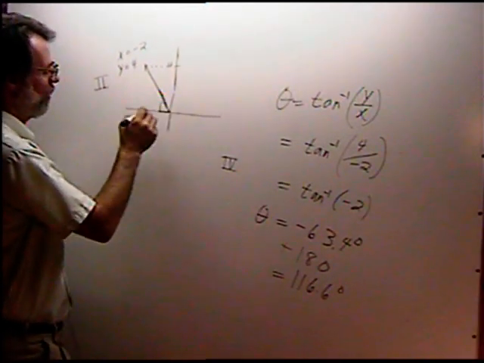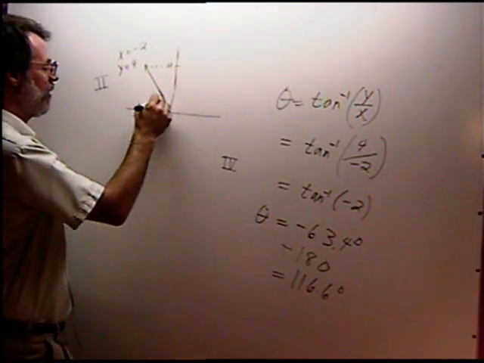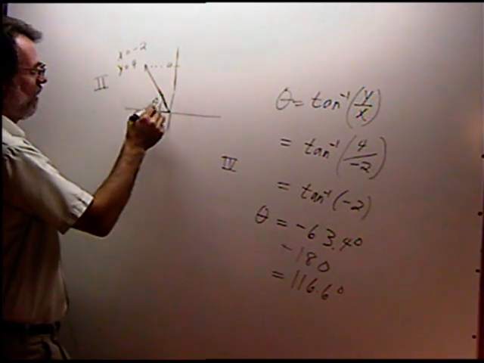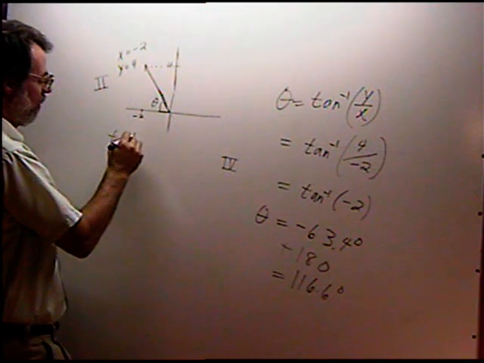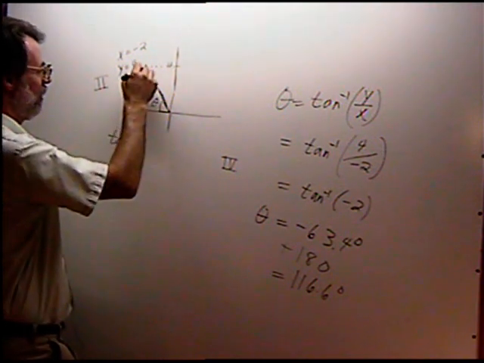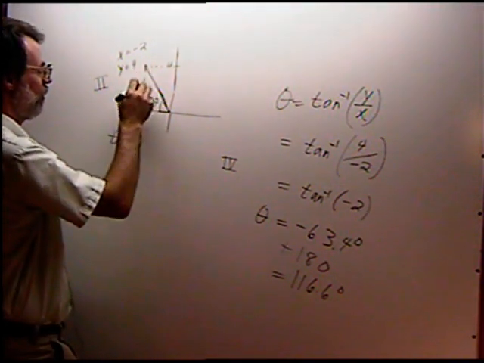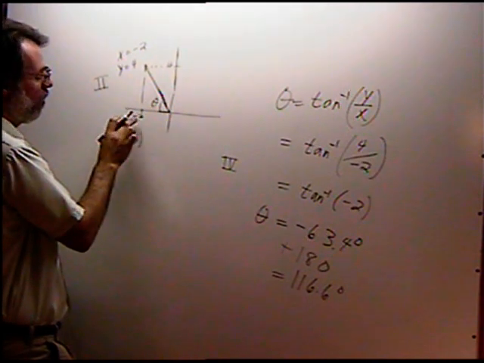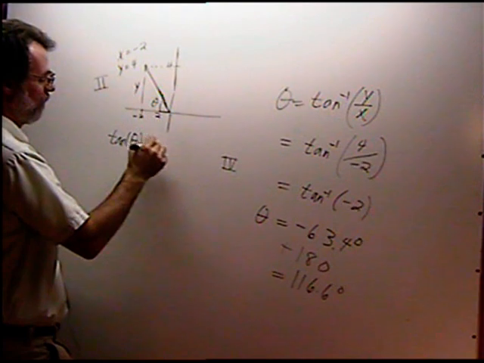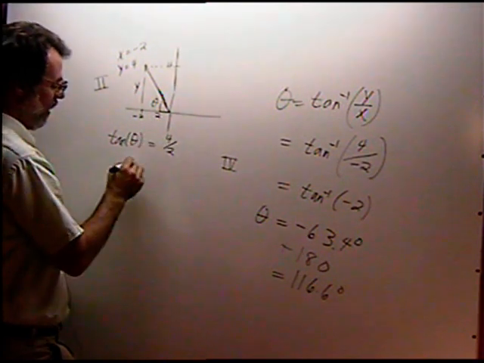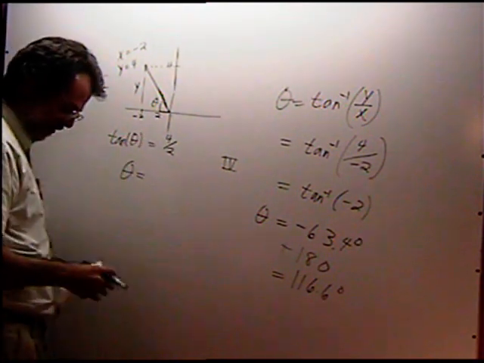Suppose I draw this angle here, theta. The tangent of this theta here is this over this. Ignore for the moment that this is a minus number and just say this is 4 over 2, and I take the inverse tangent of this.